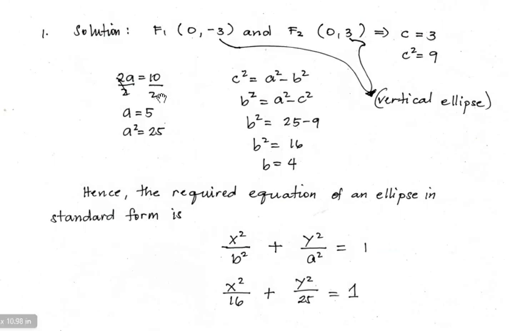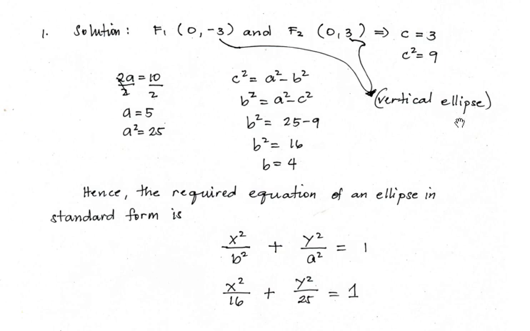We have to solve for a. 2a equals 10, giving us a equals 5, so a squared is 25. We have now the values for a squared and c squared. We have to find the value for b squared. From the equation c squared equals a squared minus b squared, isolating b squared gives us a squared minus c squared, and b squared is 16, giving us b equals 4.